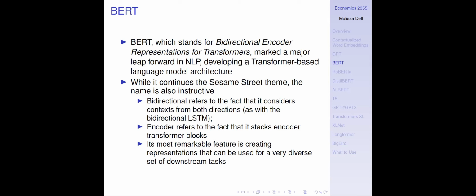And so this marked a major leap forward in NLP, developing a transformer-based language model that worked a lot better than the naive application in the original GPT, because it had these bidirectional contexts.